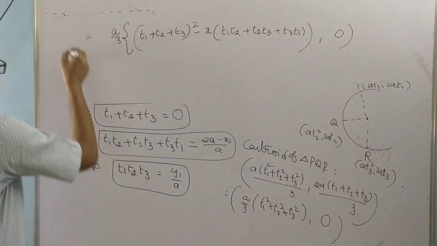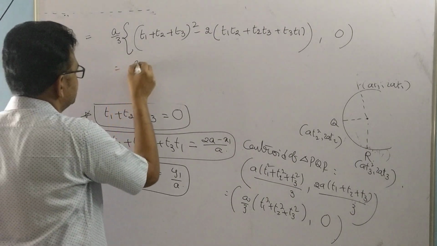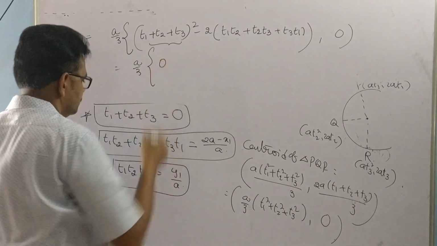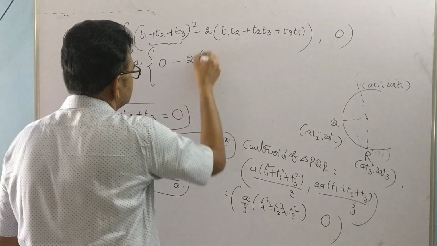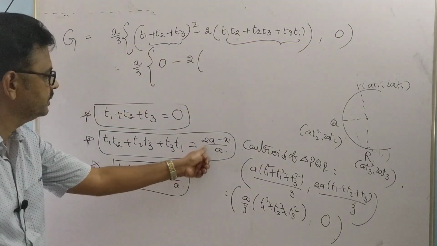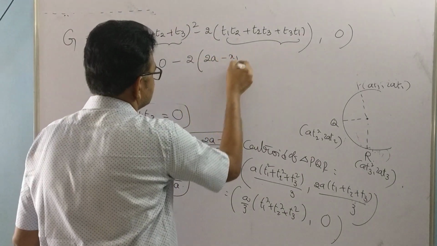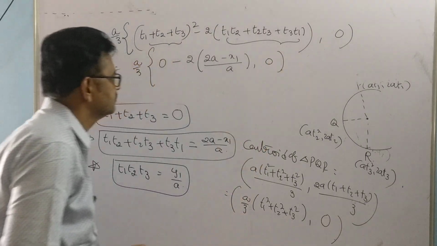So the centroid G is equal to a by 3 into, this is again 0 minus 2 into, this part is (2a minus x1) by a, comma 0.